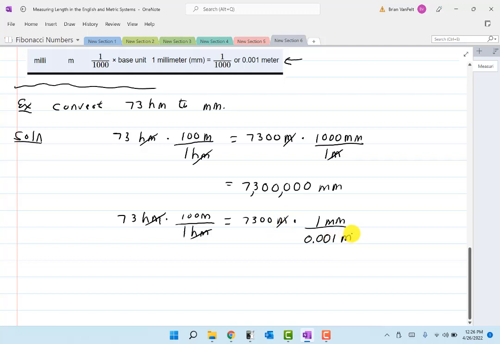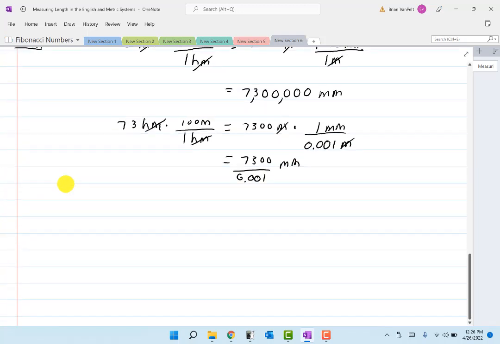And that way I can cancel the meters out, and you'll be left with 7,300 divided by 0.001 millimeters. And as you can imagine, dividing by the 0.001 simply adds 3 zeros to the end of the number in the numerator. And you get the same thing that way.